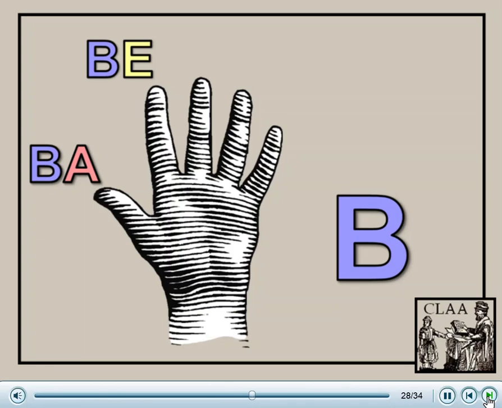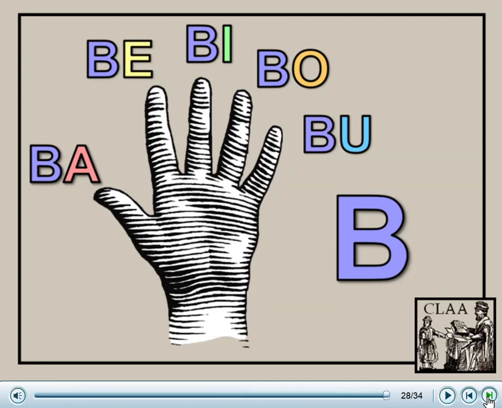Wiggle your middle finger and say B, B. Wiggle your ring finger and say bo, bo. And lastly, wiggle your pinky and say boo, boo.